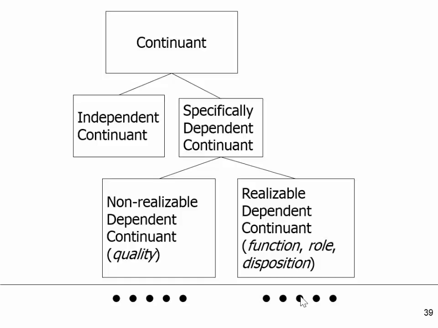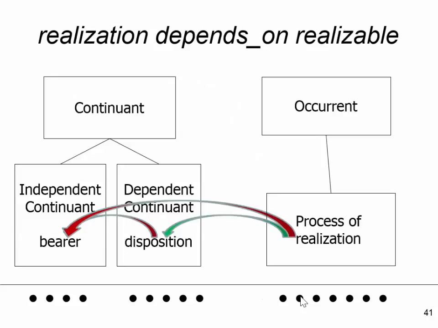And then realizations are functionings, they're processes on the occurrent side rather than on the continuant side. A process of realization is dependent on the realizable dependent continuant, such as the disposition, which is dependent in turn on the bearer of that realizable dependent continuant.